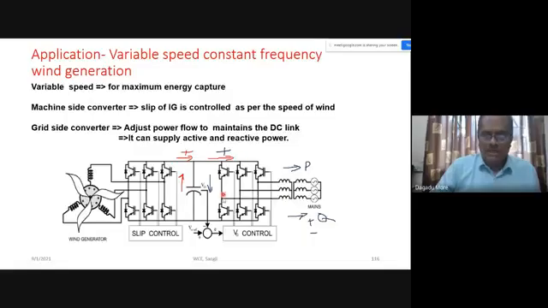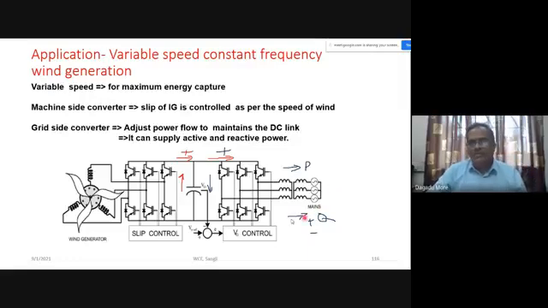But this inverter which is connected to the grid will solve some of the grid problems. It will provide reactive power support to the grid. Depending upon requirement, it can supply reactive power or absorb reactive power. That is an additional advantage of this particular scheme.